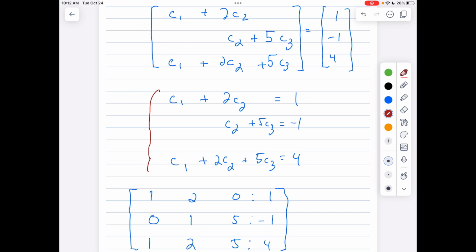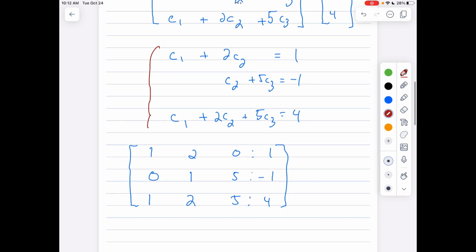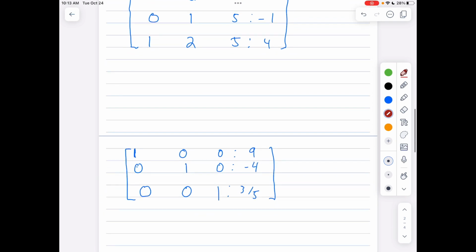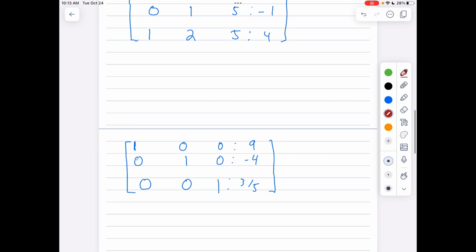Now, the next step is, there's a variation on how to find the values of C1, C2, C3. One thing I could certainly do is set up a matrix, like I did here, and try to find those constants by using Gaussian elimination, okay? If I do that, you would get something like this. This is reduced row echelon form.